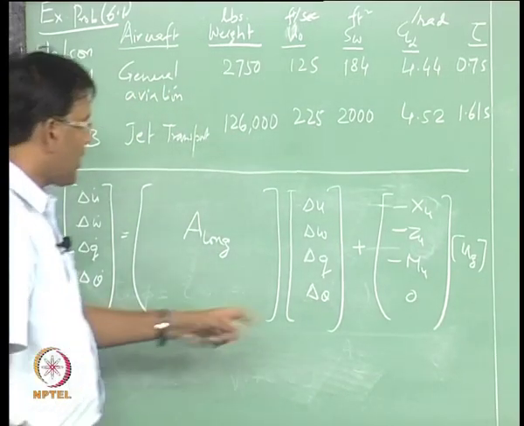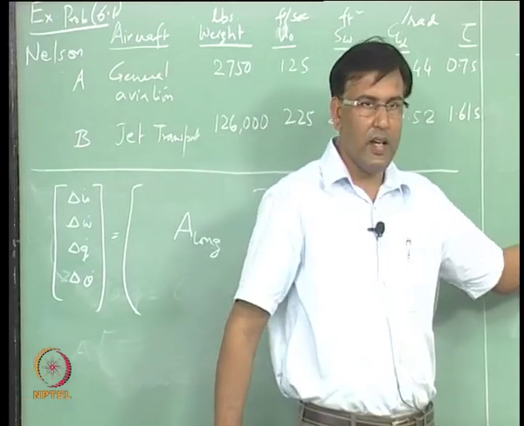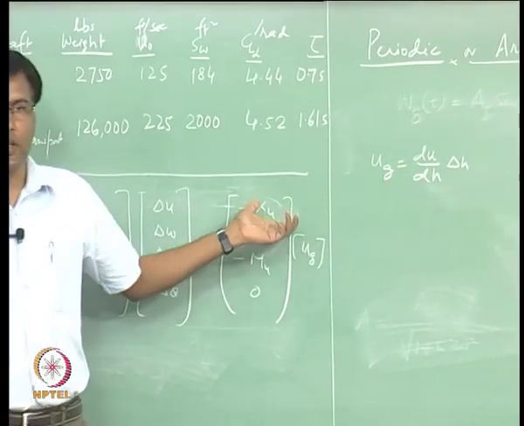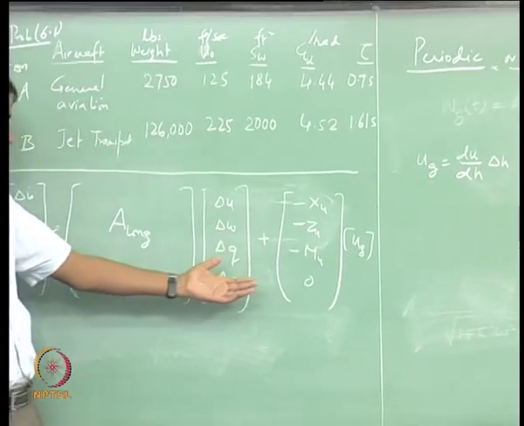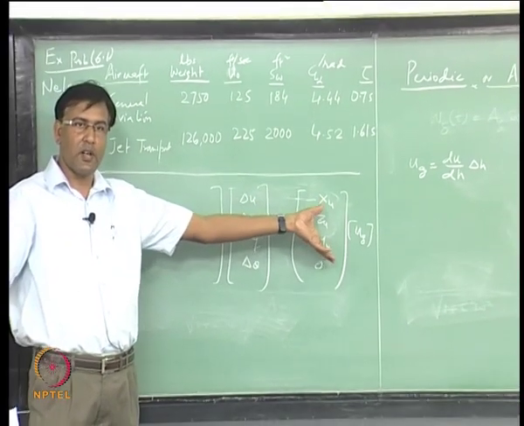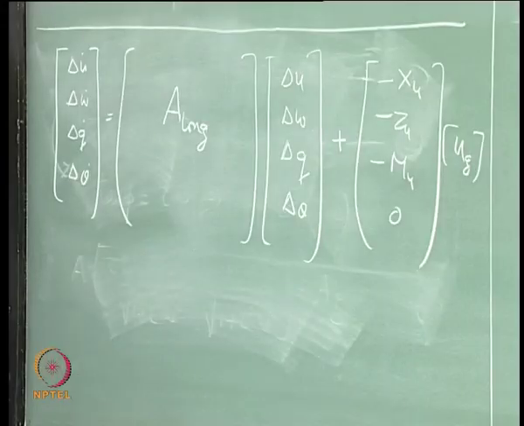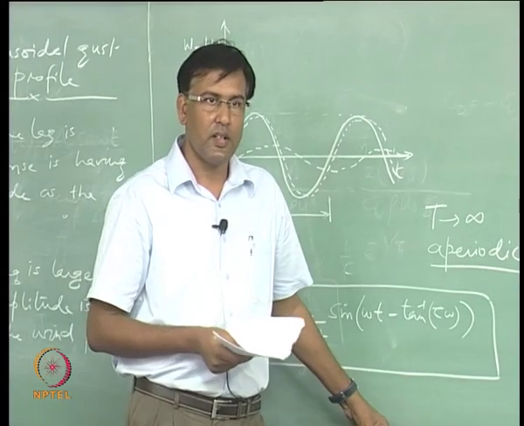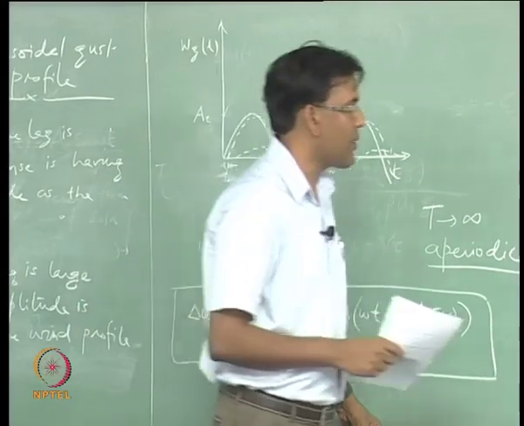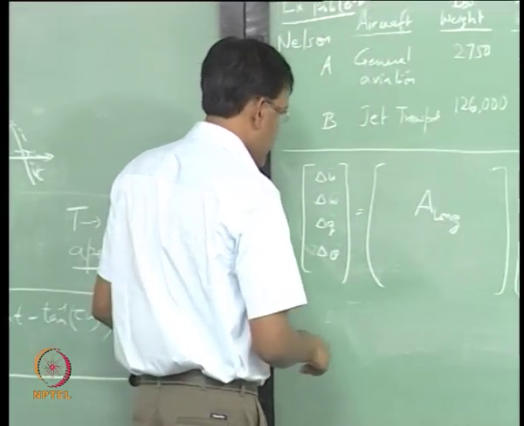Right. So, somehow there this delta H has to appear, otherwise you are not going to be able to include that part in the A matrix. Right. Anything which goes into the A matrix is going to change the dynamic behavior.